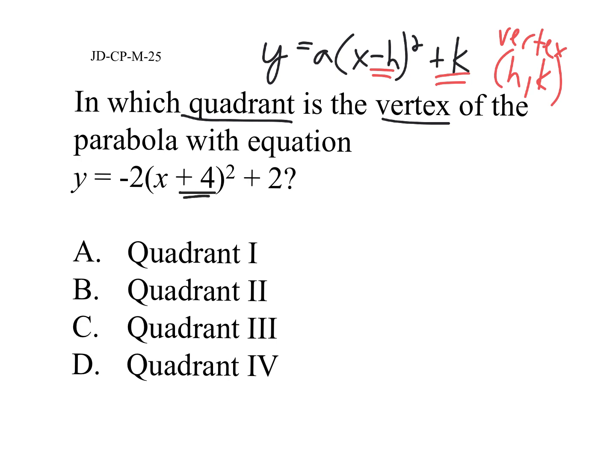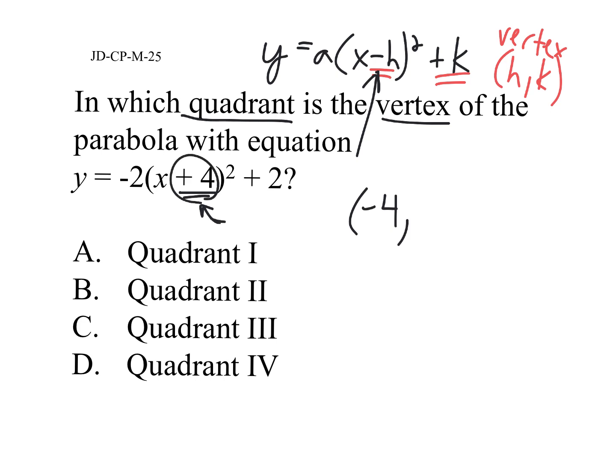So -4, this is going from 0, 0. From 0, 0, this +4 actually does opposite of what you think. So it's actually going to shift it to the left 4 units. So that means this would be -4. And that's kind of the idea here. This is the opposite of our x value, which is in the parentheses.